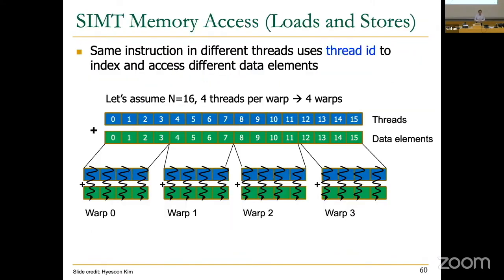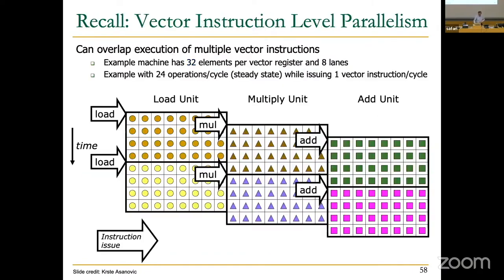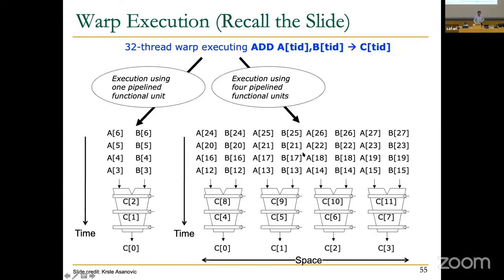Okay, let's talk about memory access very quickly, even though we kind of talked about it over here, right? This code over here, if you're doing add like this, you need to load the data first into registers. So this is an abstract way of looking at the addition, but you first need to do a load. And whenever you do a load, each thread loads particular elements to particular locations in the register file.